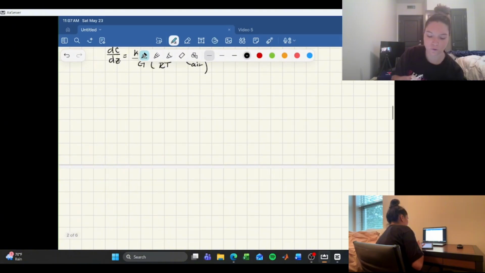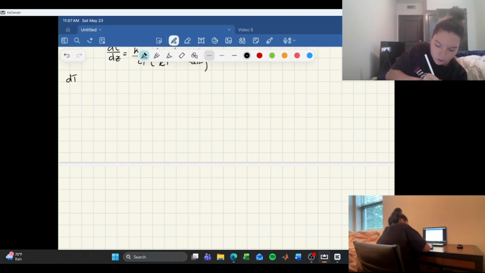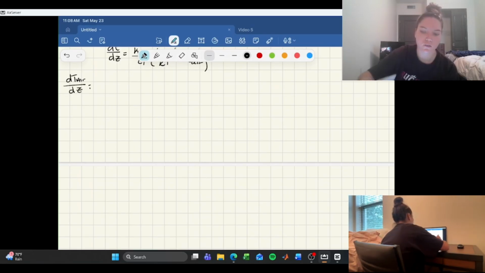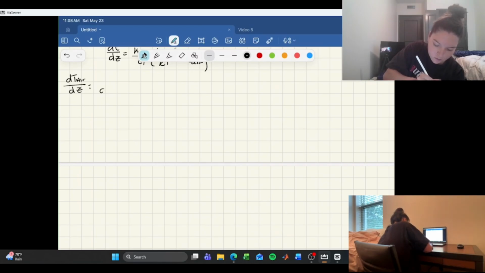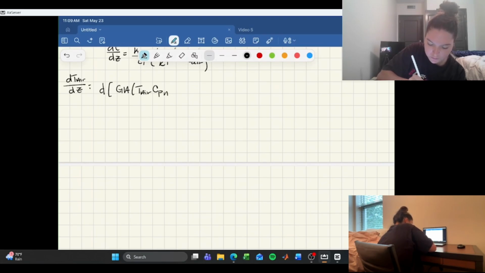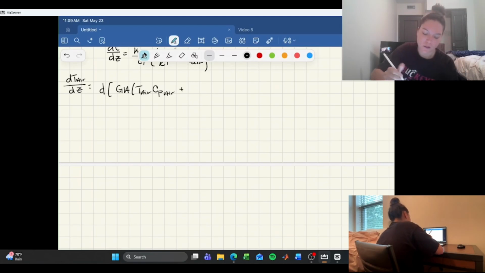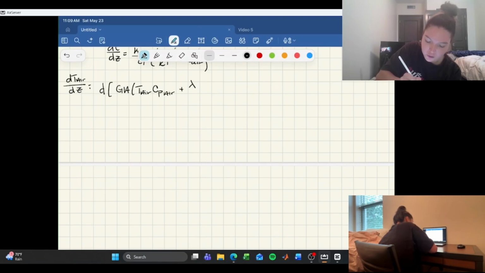And then finally, we want to solve for the change in temperature of air with respect to position. So this is going to be the change in the volumetric flow rate of air times the area, and this is going to be times the temperature of air times the heat capacity of air plus the enthalpy of vaporization over the density times the concentration of air.